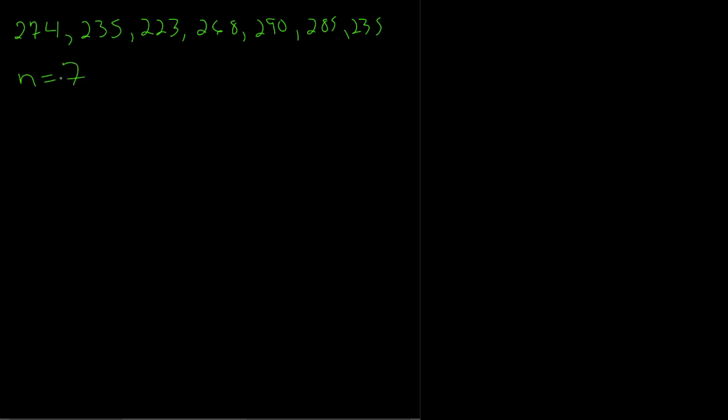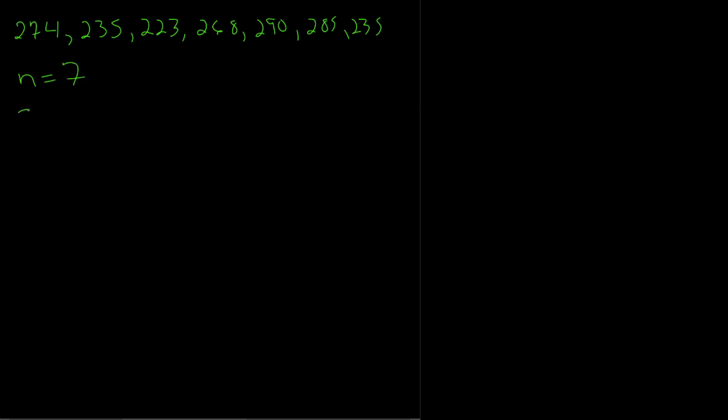So the book uses an example in which we have adults in a weight loss study. And so we have adults entering a weight loss study, and this is their weight going in. 274, 235 pounds, 223, 268, 290, 285, and 235. This is 1, 2, 3, 4, 5, 6, 7. So lowercase n, because it's a sample, 7 people.